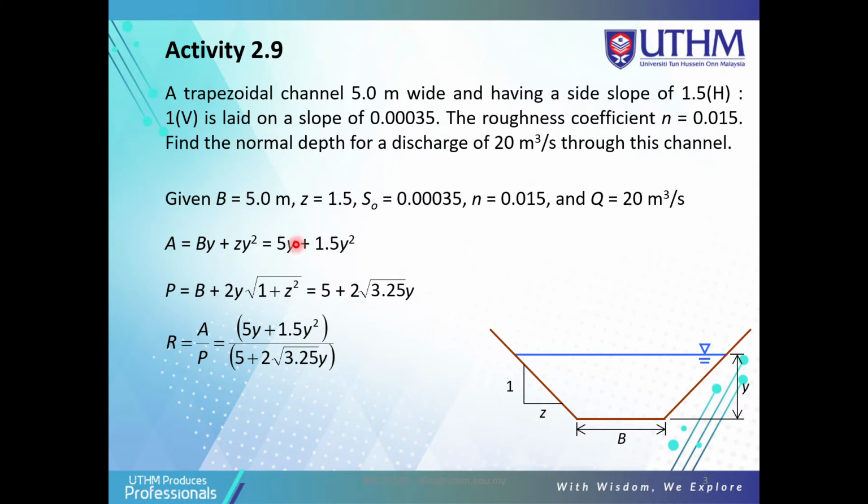The wetted perimeter is b plus 2y times root of 1 plus z squared, which is the formula given in the table in topic 1. So you put in the values here, but we don't know y, so we are using trial and error.